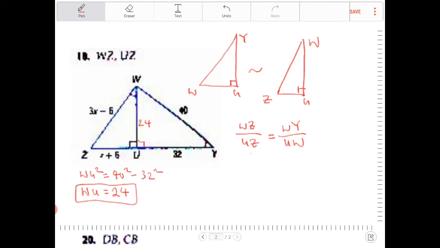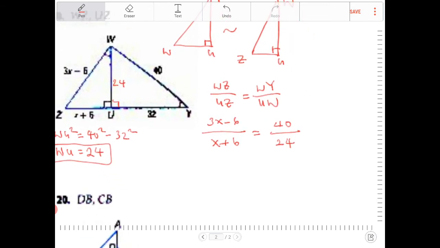Okay, so WZ is 3x minus 6. And UZ is x plus 6. WY is 40. And UW is 24. I noticed that 40 and 24 have a common factor of 8, so that becomes 5 over 3. If I cross multiply, I end up with 9x minus 18 is equal to 5x plus 30.